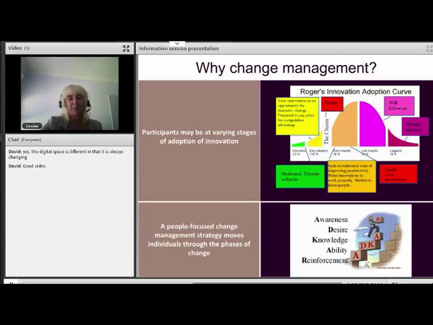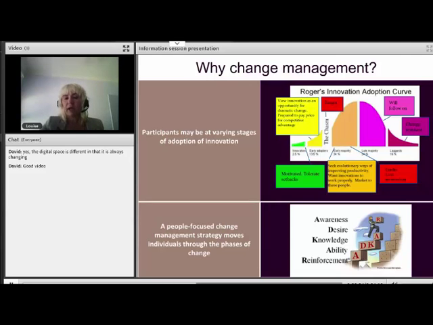So if we step people through this change, and we start with awareness, there are processes and tools that we will use, such as communication channels, then the desire phase. So this is the what's in it for them. It might be a range of things. Sometimes the desire is that they might improve their prospects for career development. Then, and only then, are we going to knowledge and ability.